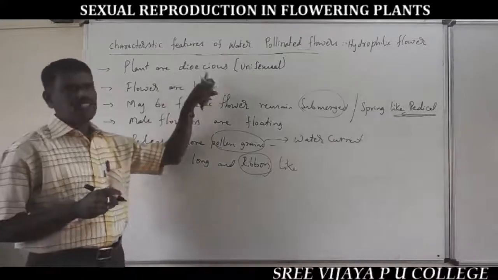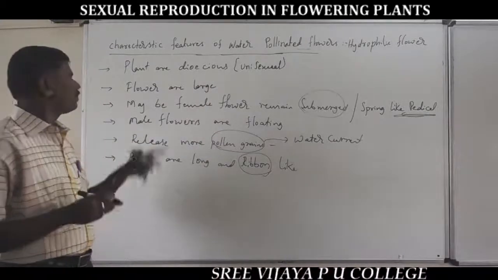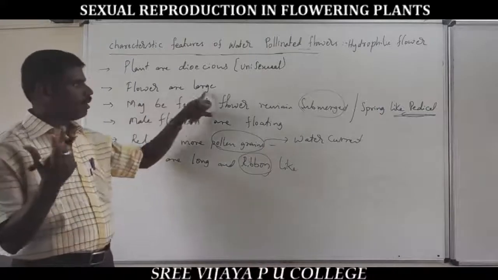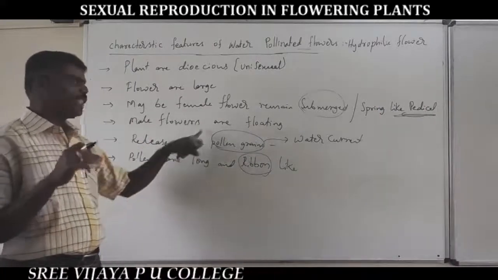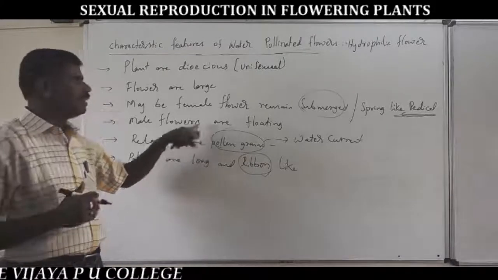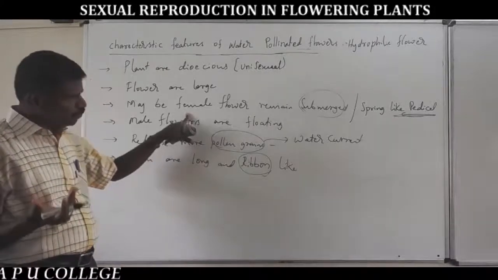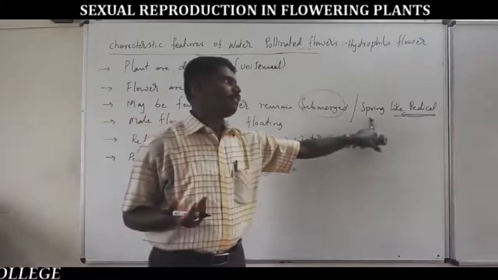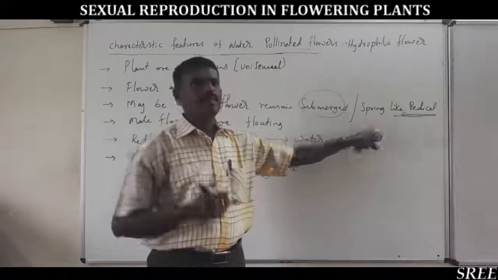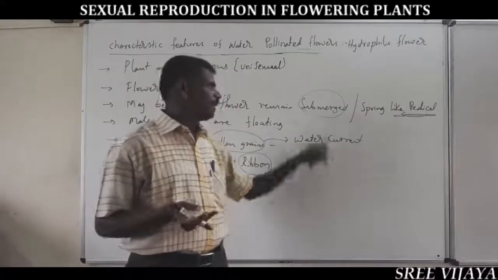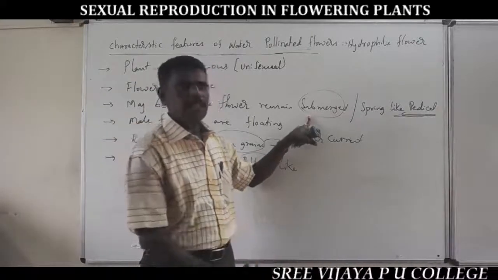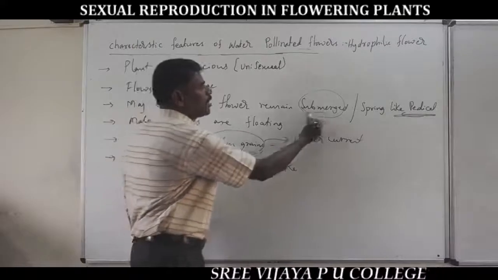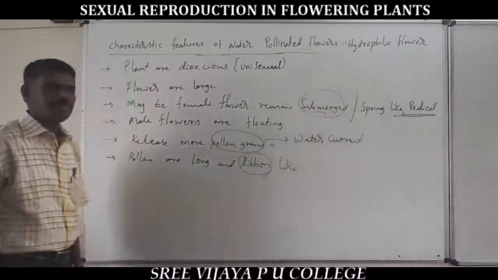The flowers are a little bit larger. The male flower is in a floating condition, and the female flower, because of its spring-like pedicel, is also able to float; if it is not floating, it remains submerged. The male flower releases more pollen grains, carried by the water current, and not all pollen reaches the stigmatic surface of the pistil.